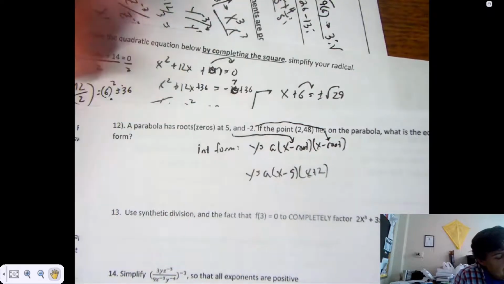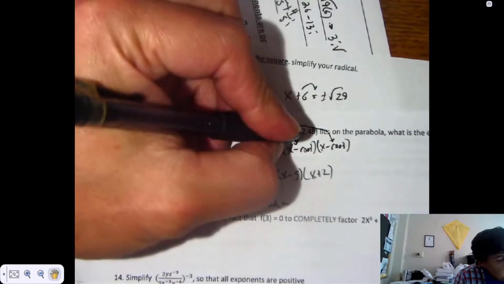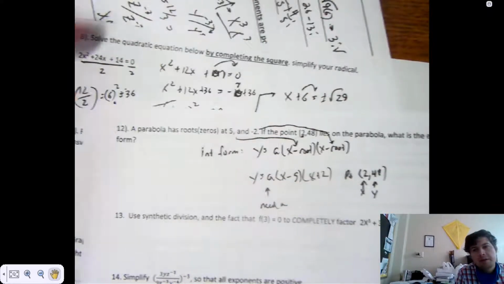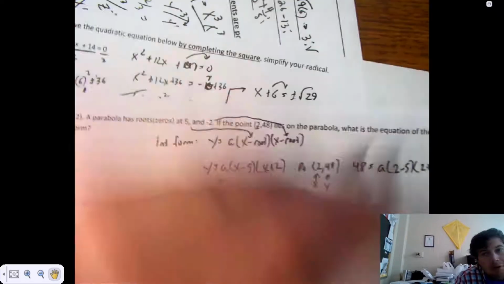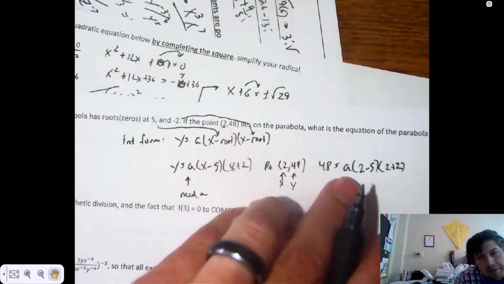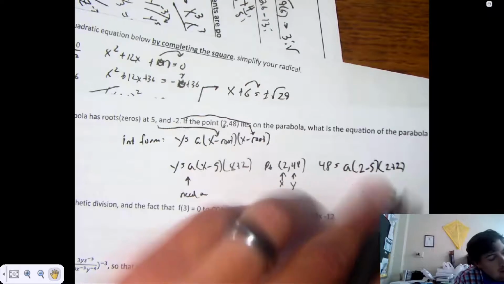All right, now, it's not written yet. We need a. But we have these things right here. We have that point (2, 48). That gives me an x, and that gives me a y. Well, I can just plug those things in, and I'll get a. So I'm going to plug in a 48 for y, a 2 for x, and I'm going to do some math. 2 minus 5 is -3. 2 plus 2 is 4.